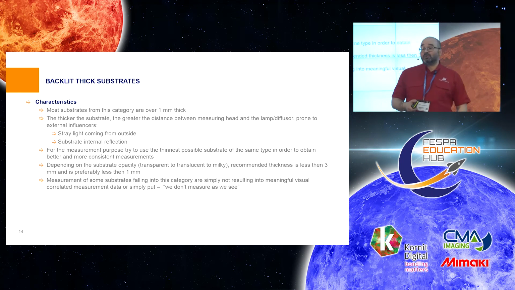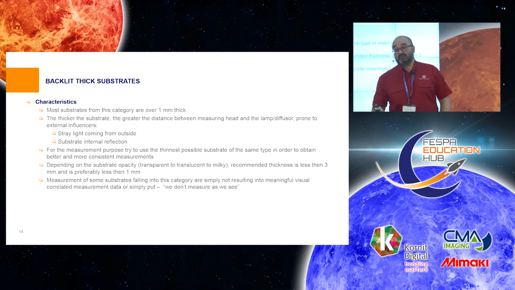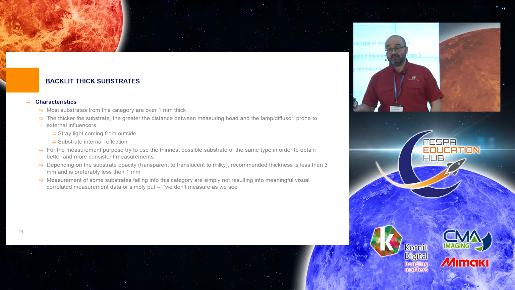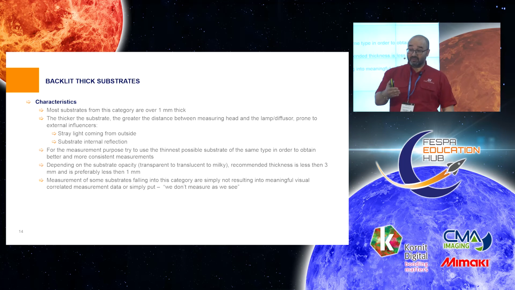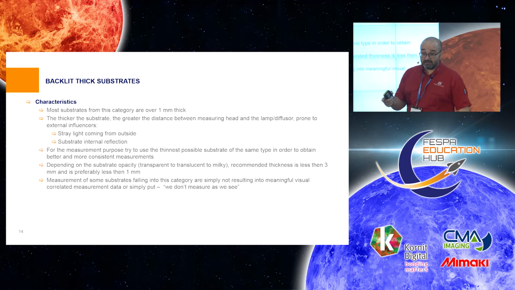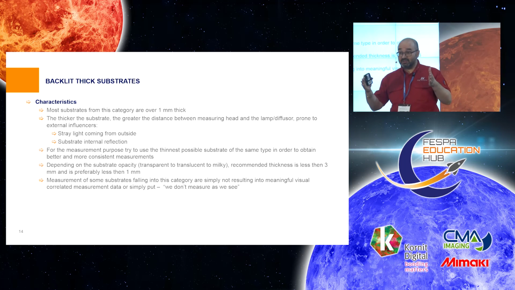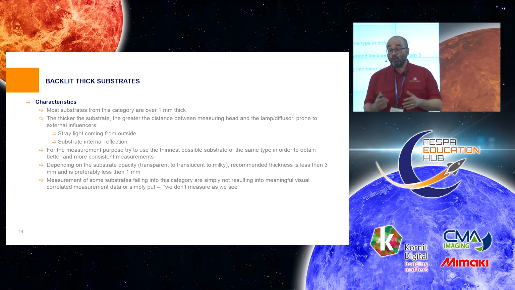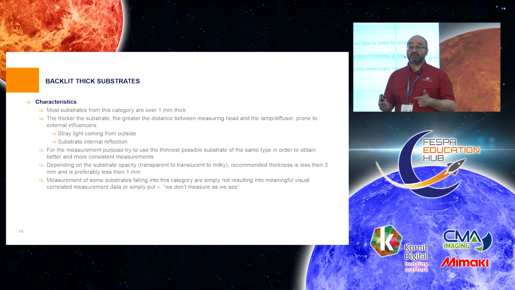Another problem comes from backlit substrates that are thick. You have glass, plexiglass, acrylic. They come in different thicknesses. The problem with these substrates is that the thicker they are, the more light will get scattered inside the substrate. The substrate has an internal structure, so the light will travel all over it, or you get outside interference from the light in the environment.